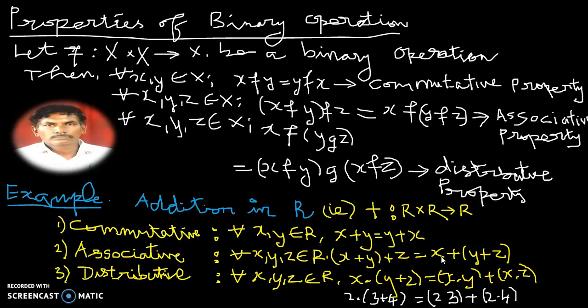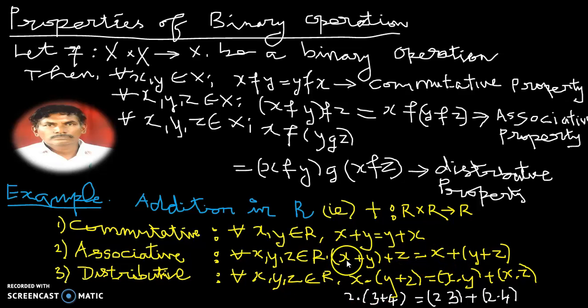You understand this very clearly. On the left hand side, the first two elements are associated and then the last element is associated, but on the right hand side, the last two elements are associated by the binary operation plus, then x is associated by the binary operation plus. Still the equality is maintained.